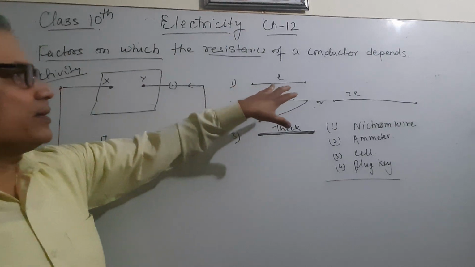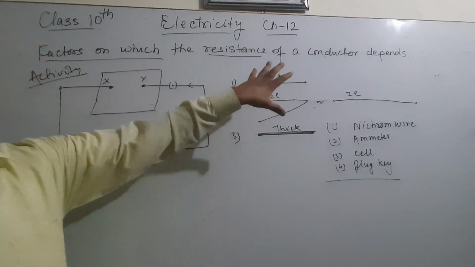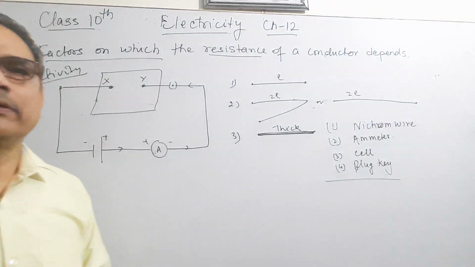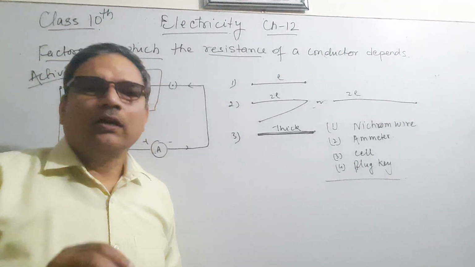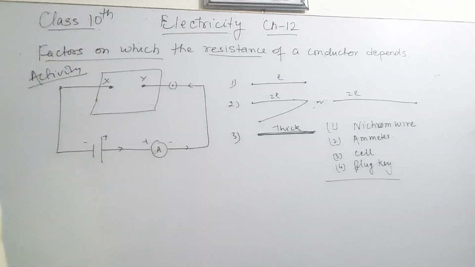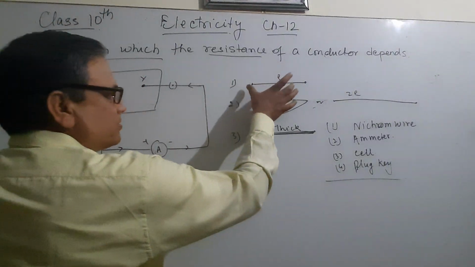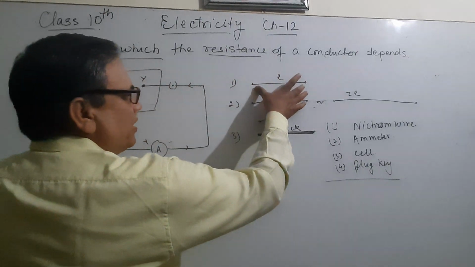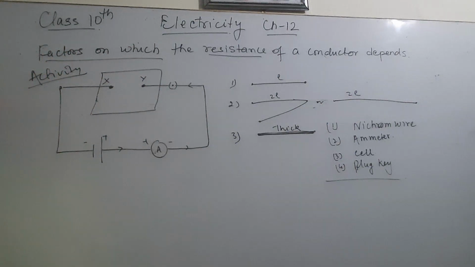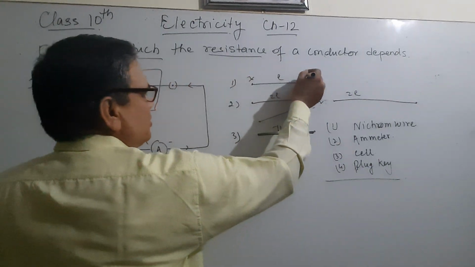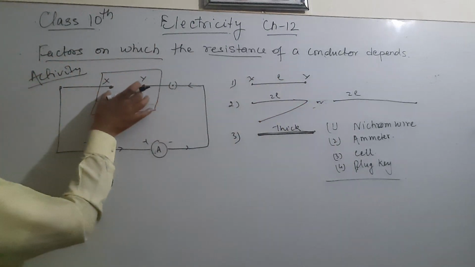First we will take a nichrome wire, and nichrome, you know it very well, is an alloy of nickel, chromium, manganese and iron. First case: we will take a nichrome wire of length L, and this nichrome wire XY is placed here.